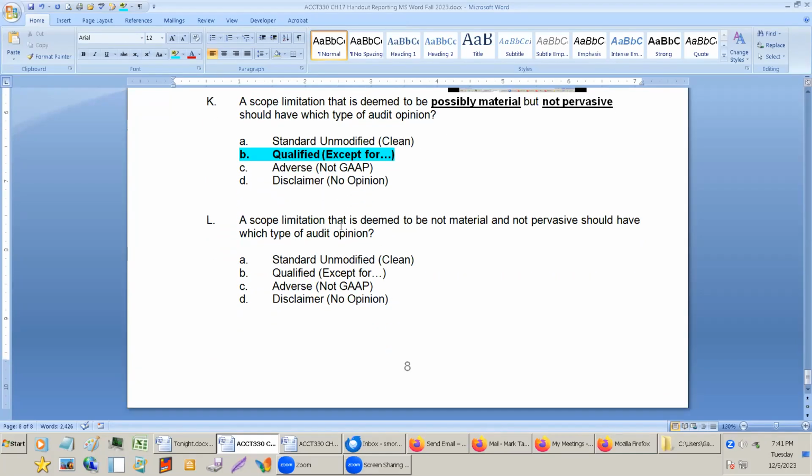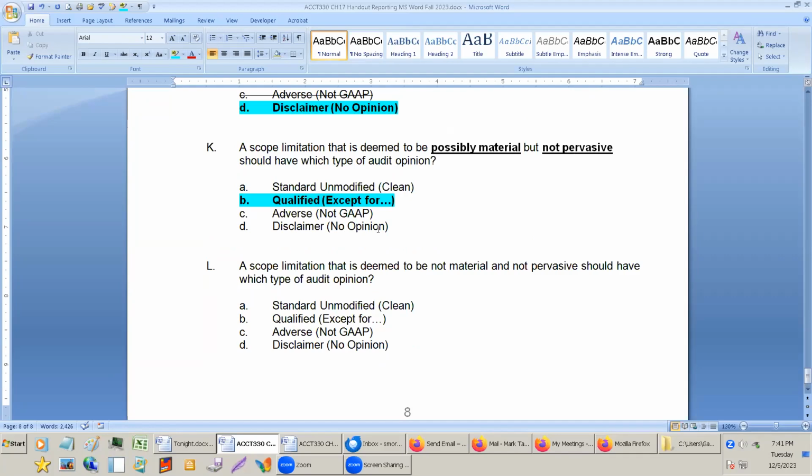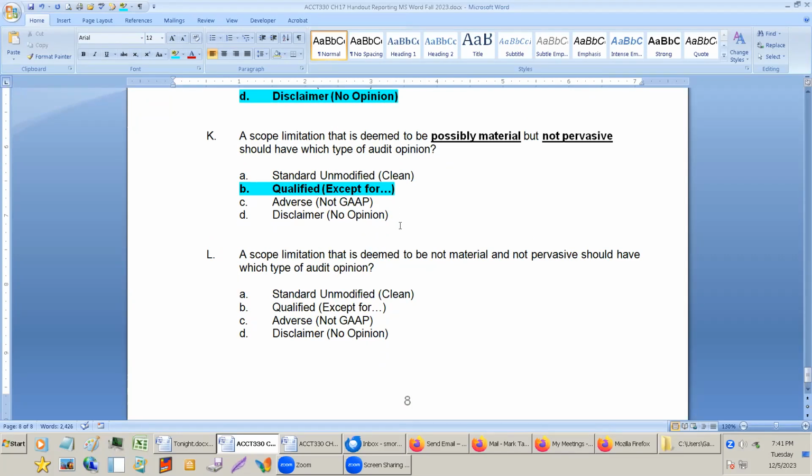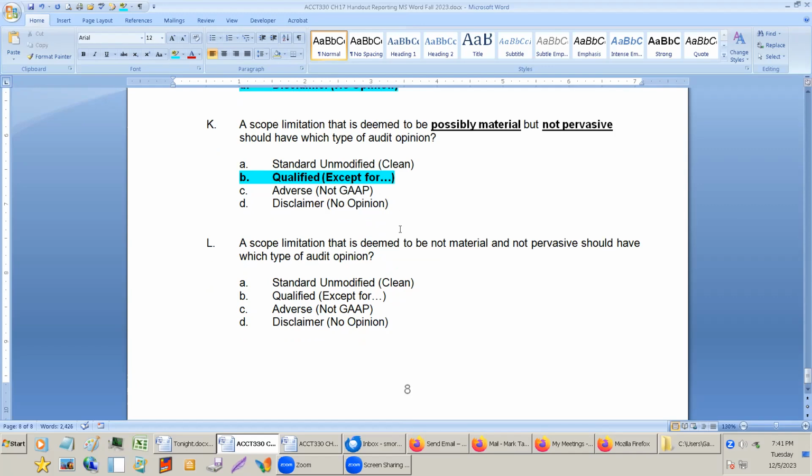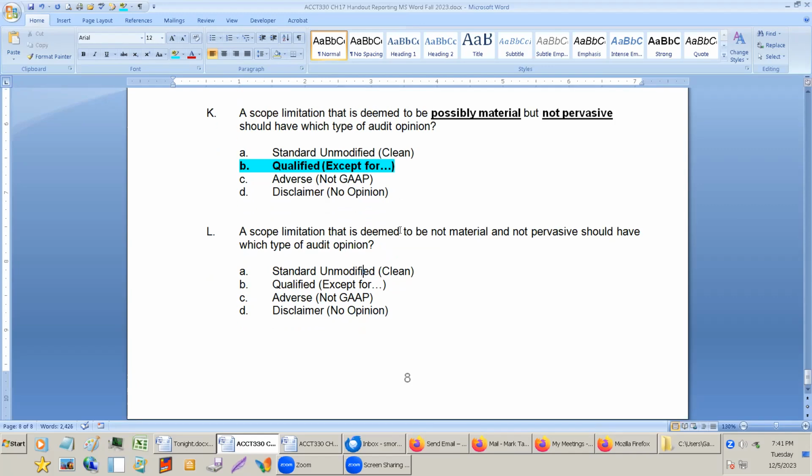A scope limitation that seemed to be not material and not pervasive should have which type of audit opinion? So there's a scope limitation.